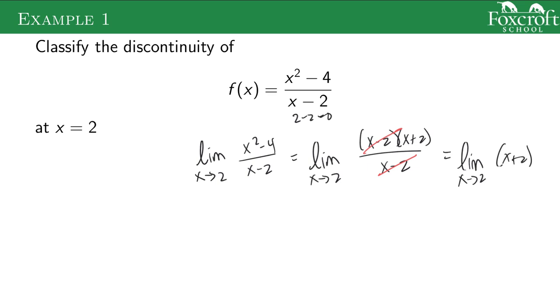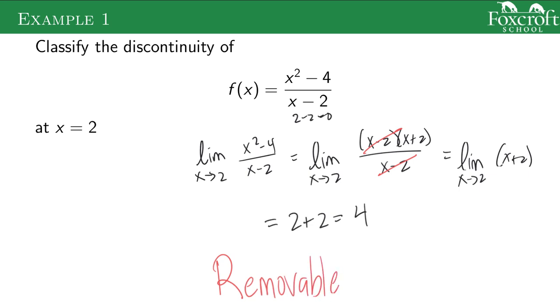Now I just have a polynomial left, so I plug in my number and I get 4. So the limit exists even though the function value doesn't, and this tells you this is a removable discontinuity, or a hole, as we more often refer to it. Your limit exists, but you can't plug in the value.